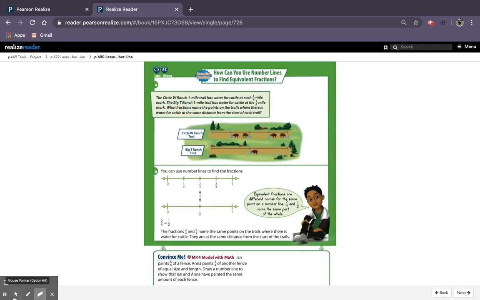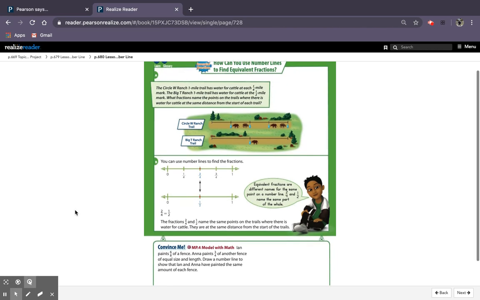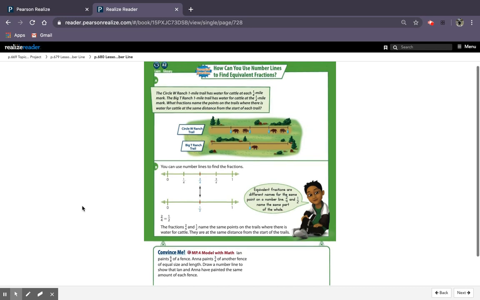Okay, so our essential question for this page is, how can you use number lines to find equivalent fractions? So basically, again, we're just continuing on with what we talked about in our solve and share, and in our little can look back section on the front.